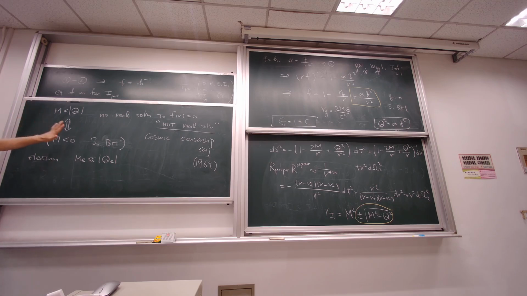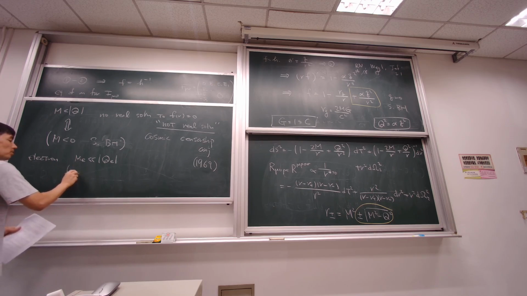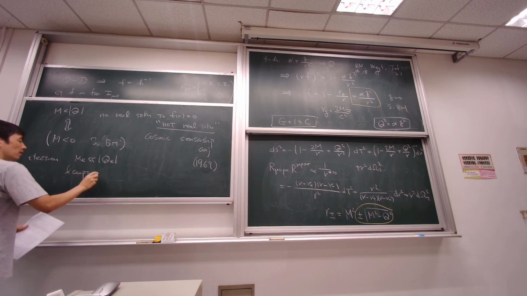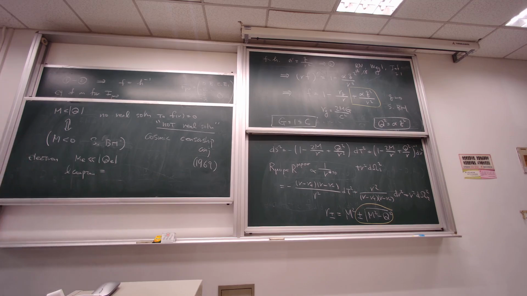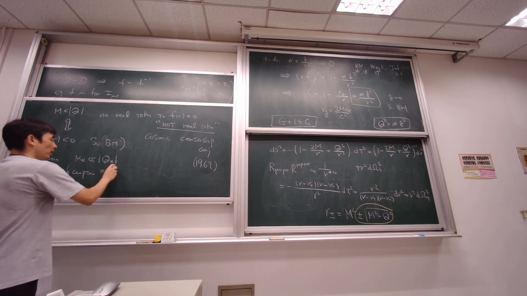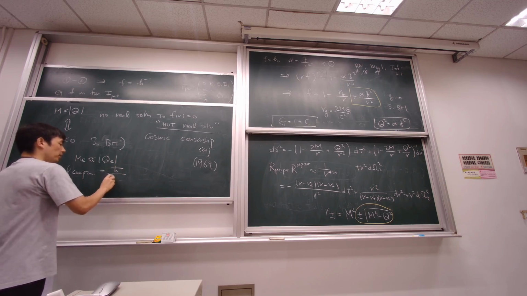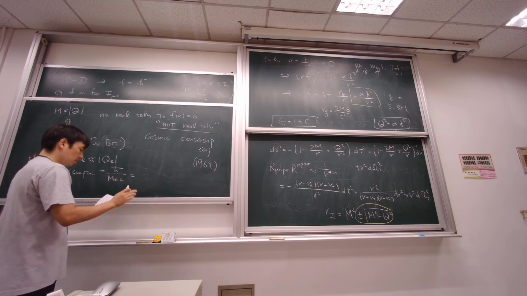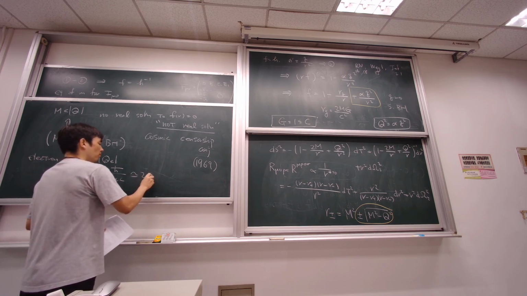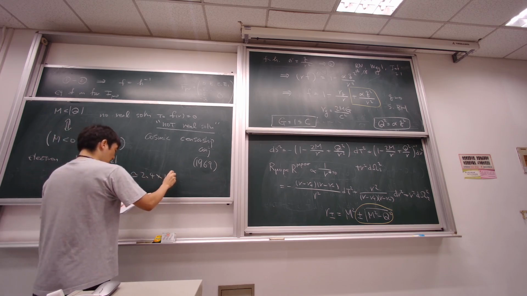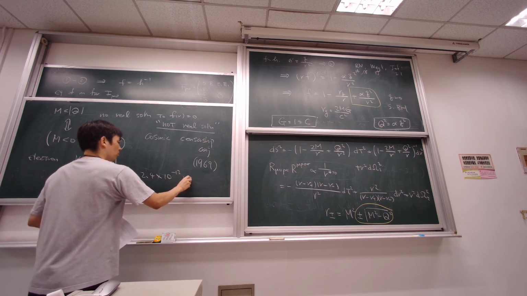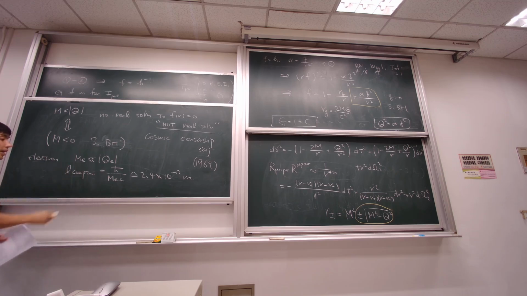Of course, due to cosmic censorship, we can exclude this possibility, but we can just make some rough estimate. So what is the Compton length of the electron, which is just h bar over m_e c, and this is roughly 2.4 times 10 to the minus 12 meter. So this is the Compton length.